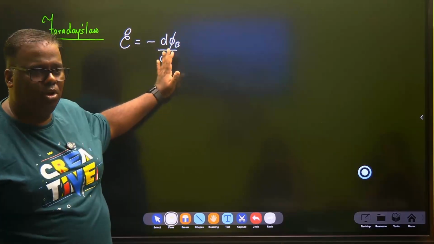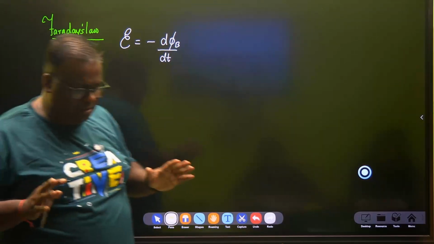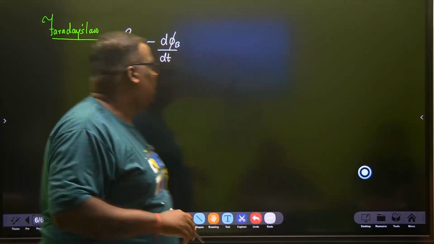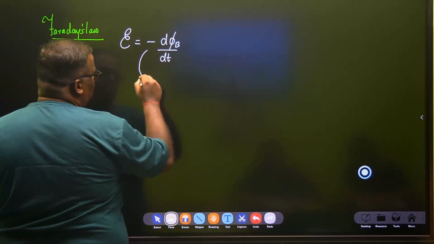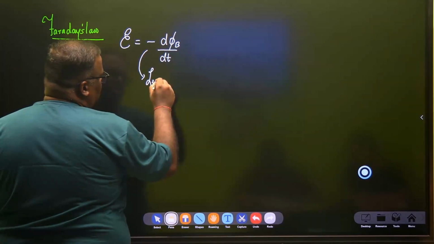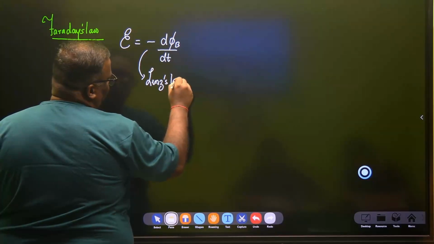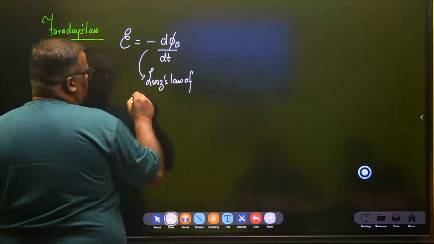For now, just absorb that the negative, you just write one thing. Negative is attributed to Lenz's law. We won't study it today. Lenz's law of induced EMF.